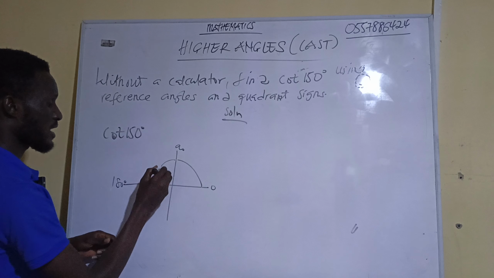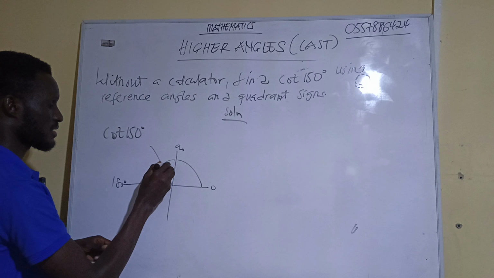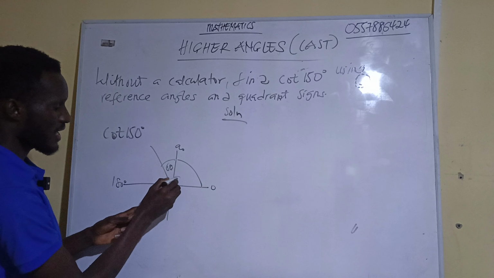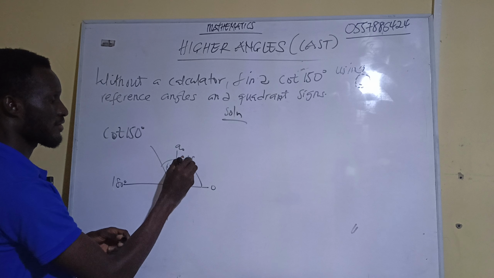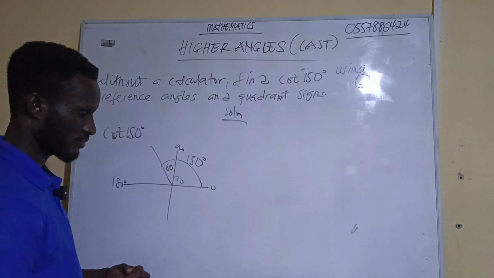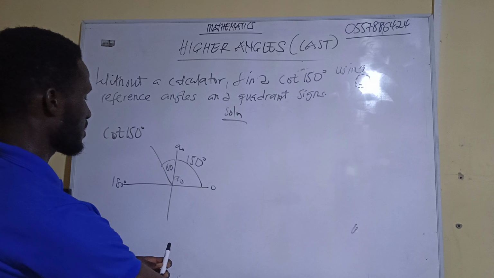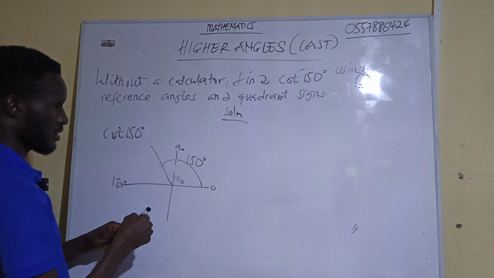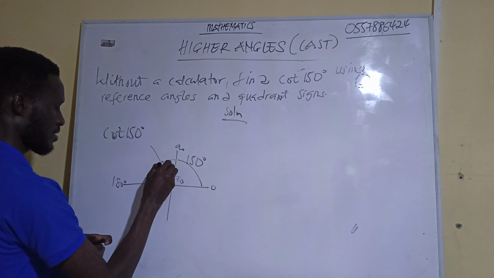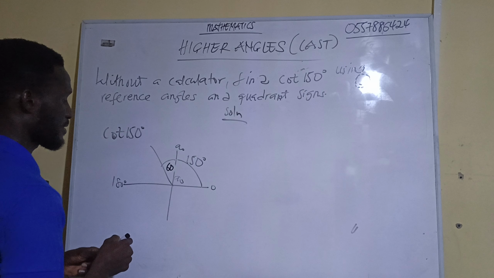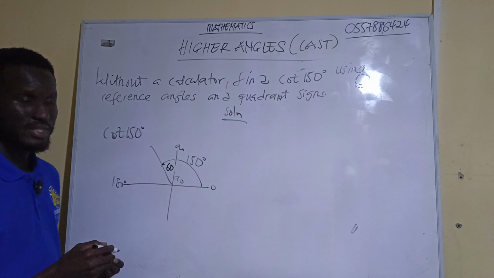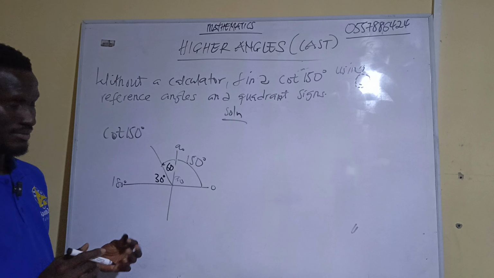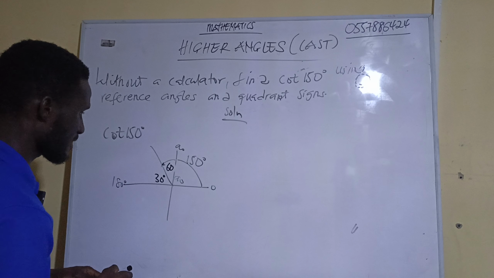So let's say from here to here is our 60. 60 plus 90 will give us 150 degrees. So the acute angle here will be 30. As simple as that. The acute angle will be 30.